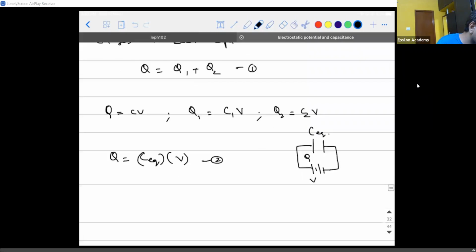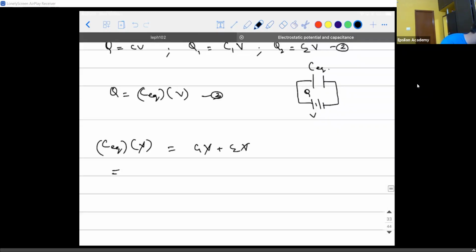From the first, second and third, can I say C equivalent into V is equal to C1V plus C2V? So V will get cancelled. From this I can conclude that C equivalent is equal to C1 plus C2.